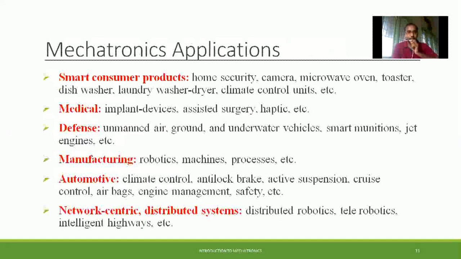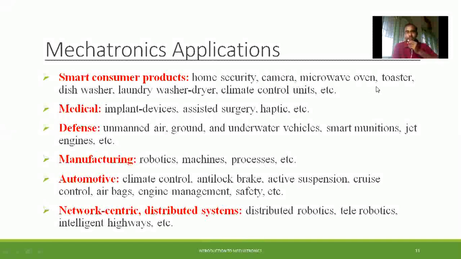Here we have some examples. For smart consumer products, there is home security related to cameras. In the majority of shops we are presently utilizing these cameras for detection purposes.